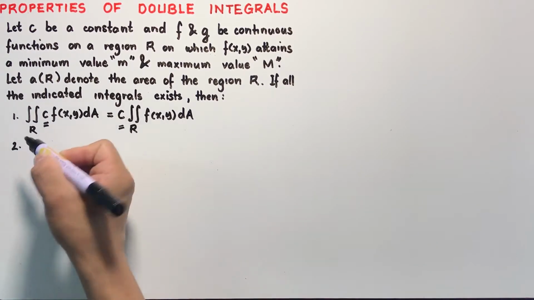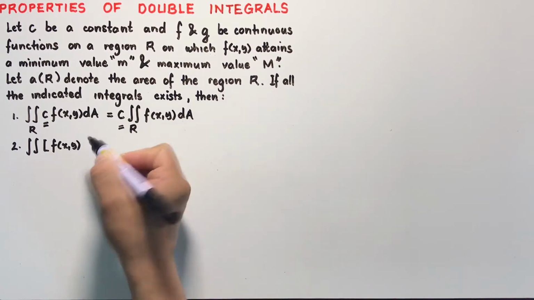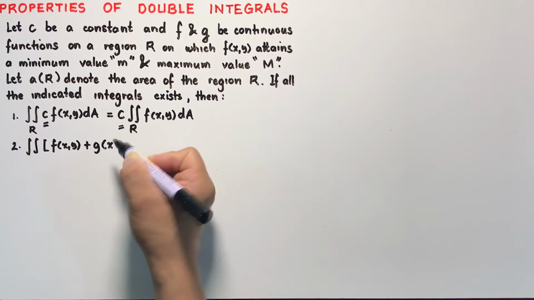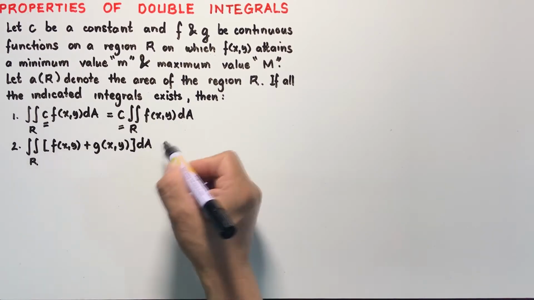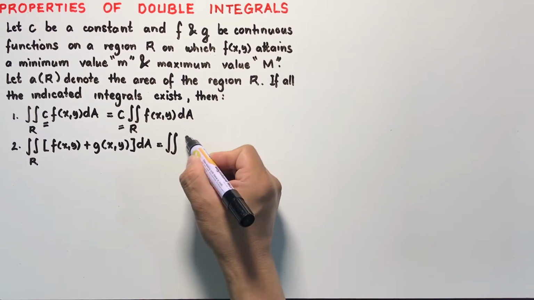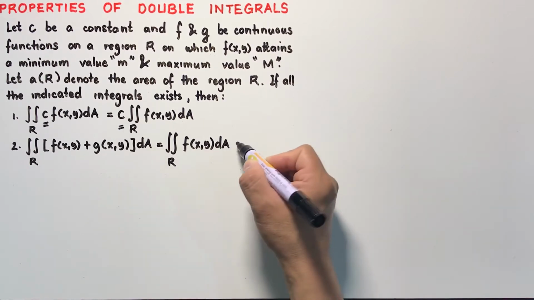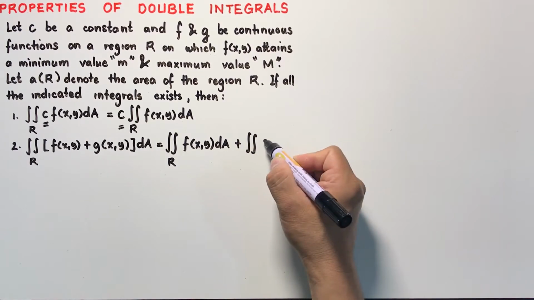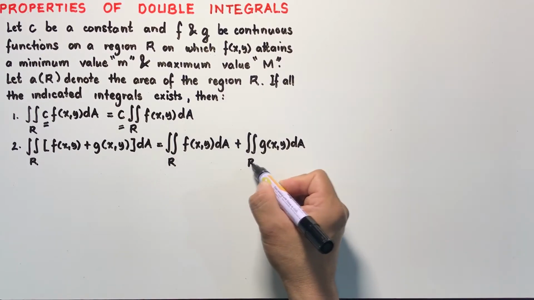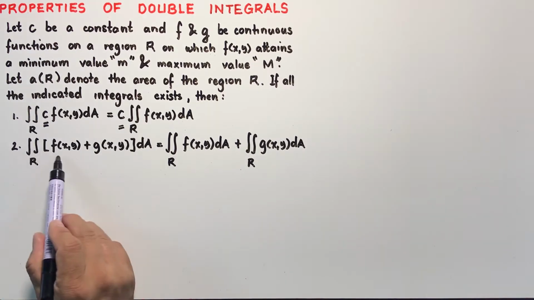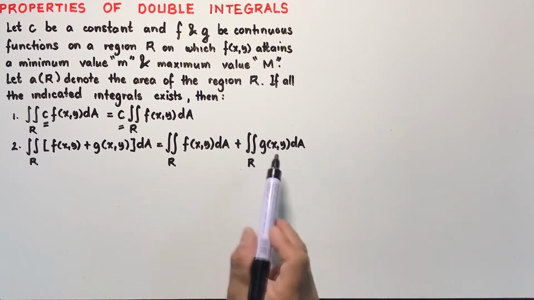So number 2, we have the double integral of the function f of x and y added to another function g of x and y dA over a region R is equal to the double integral of the function f of x and y dA over the region plus the double integral of g of x and y dA over the same region, which means that the double integral of the sum of two functions is equal to the sum of the double integrals for each addend.